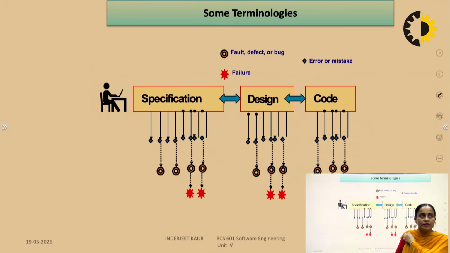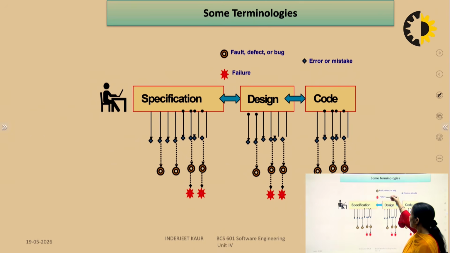So here we will say that I have given certain specifications in the form of SRS that was finalized. So I move on to the design, then I move on to the code. These are the steps in which we write the software. So while writing the specification, there can be some fault, defect or bug that may lead to failure.